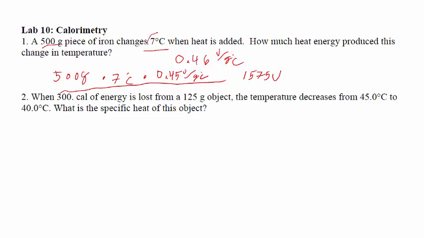Notice it's not 7 point something, it's 7 degrees Celsius. So I have to round to the thousands, so it's 2,000. That would be the most correct answer because of the 1 sig fig.